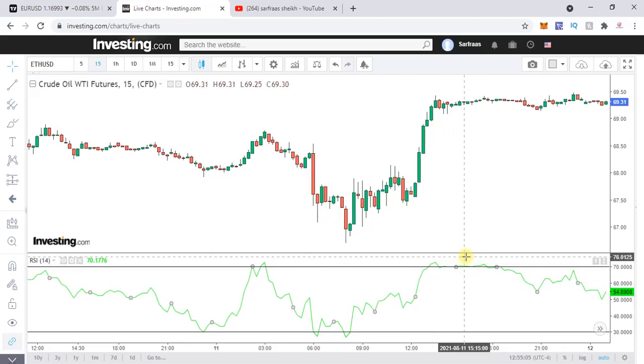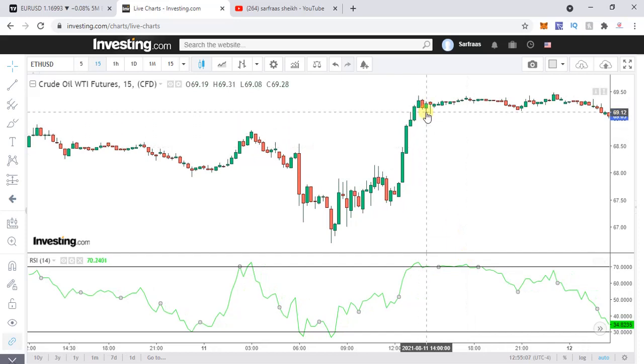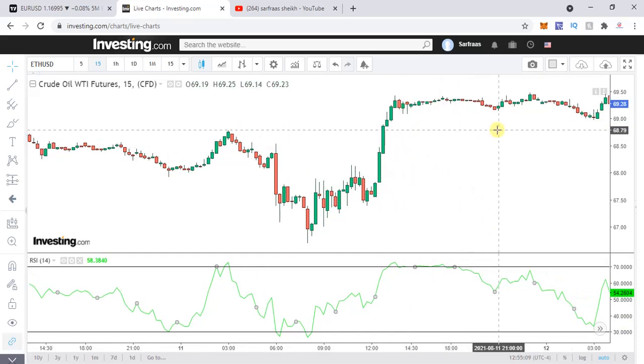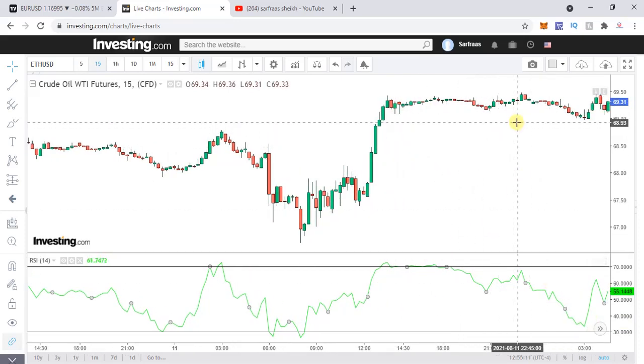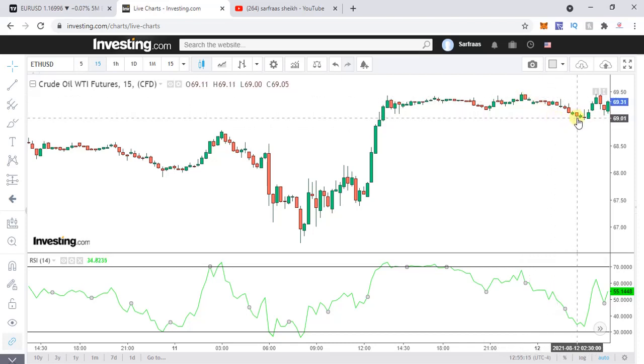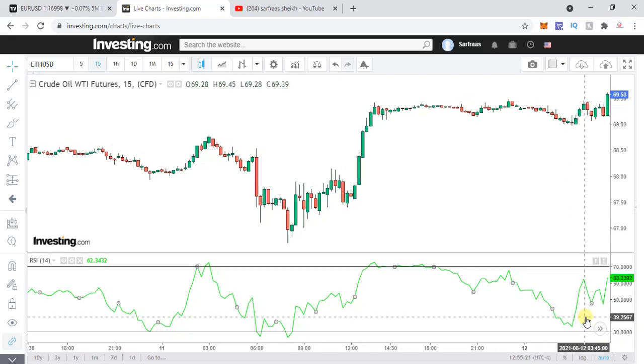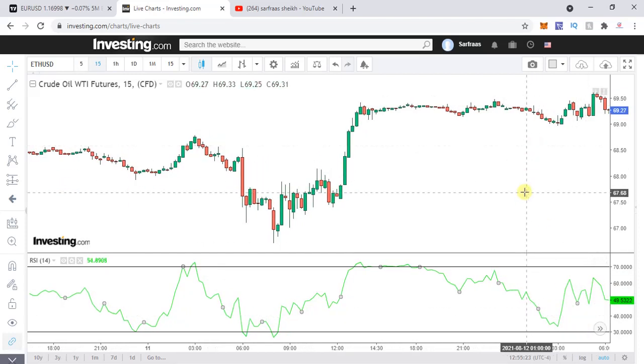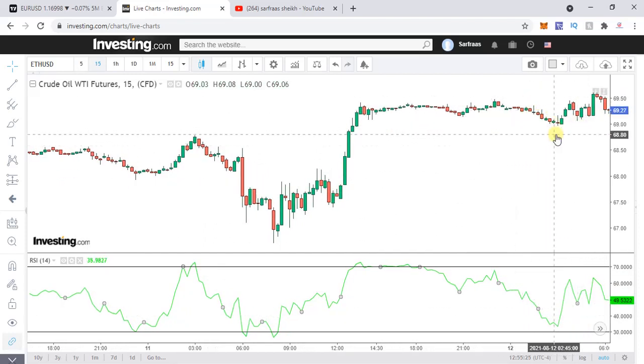So let's go ahead, and you can see right now it's sort of a consolidation phase, but then you see there is a drop over here, like it goes over here and then there is a drop. It comes near the 30, takes support, moves on top. So right now you can see it is sort of within a zone.